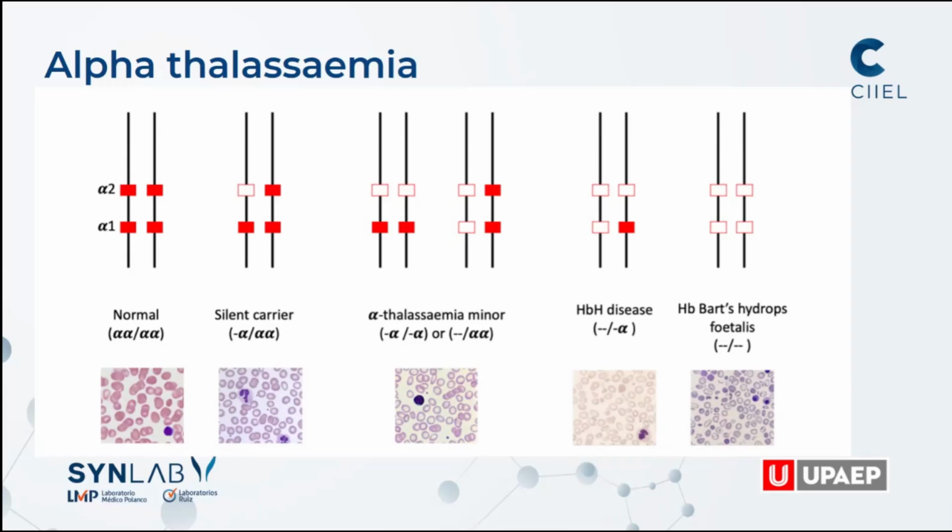hyperchromia associated with that. Now, these 2 scenarios on the right here are both describing an overt clinical phenotype. This is where we get into the disease state, where the first one is HbH disease, where you have just 1 copy of alpha globin remaining, and then Hb Bart's hydrops fatalis, which is a very, very, very severe form of alpha thalassemia, which actually presents in utero and can have quite severe consequences for the mother of the baby as well.